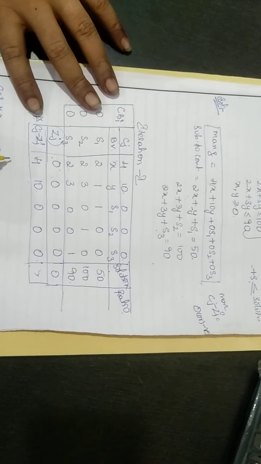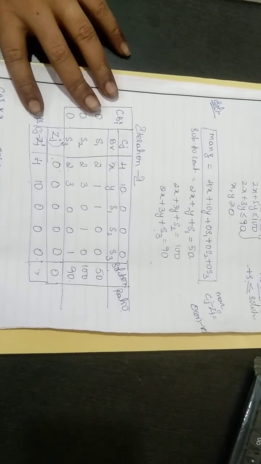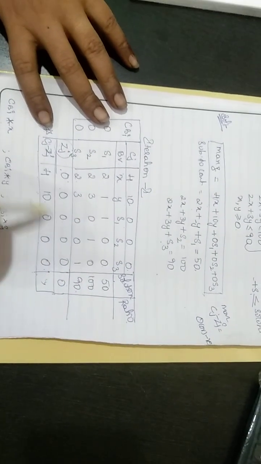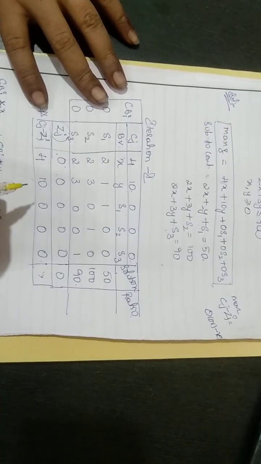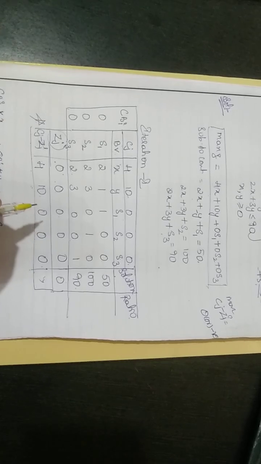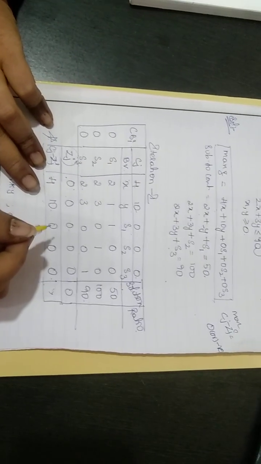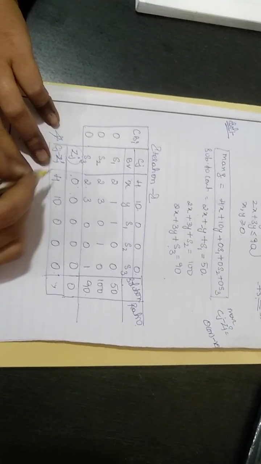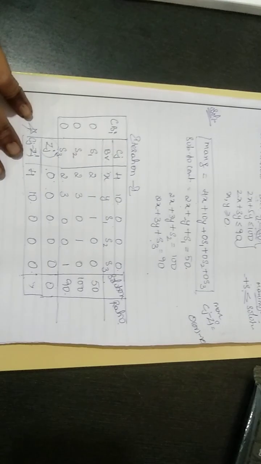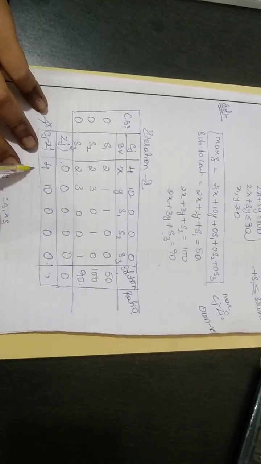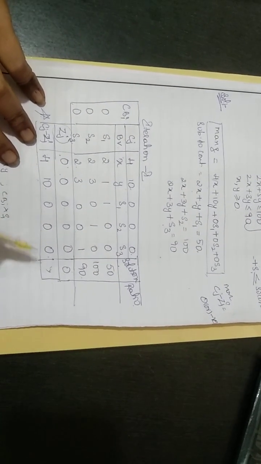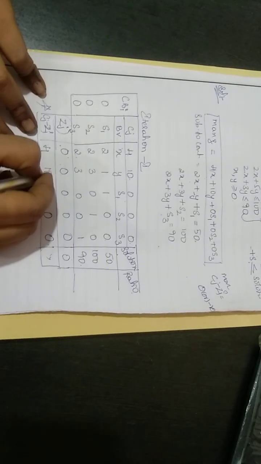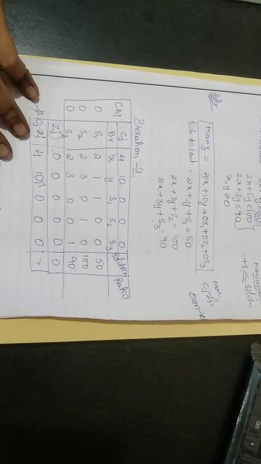That means I'm supposed to continue my sum. Before continuing, I have to pick something from my previous table. So in the maximization first table, I have to pick one maximum value. Among 4, 10, 0 and 0, my maximum value is 10.